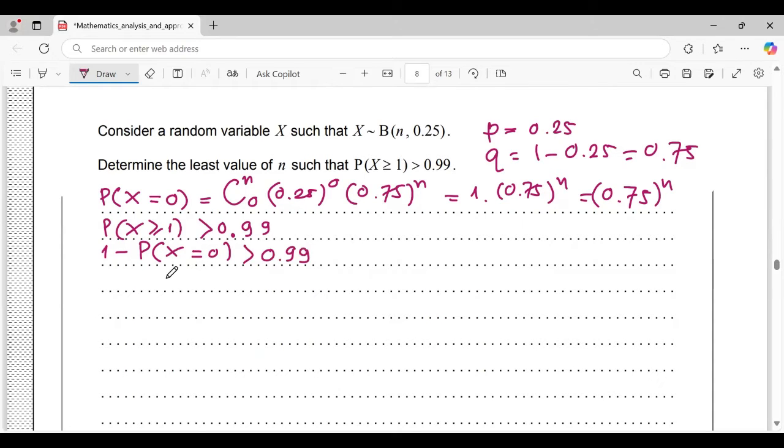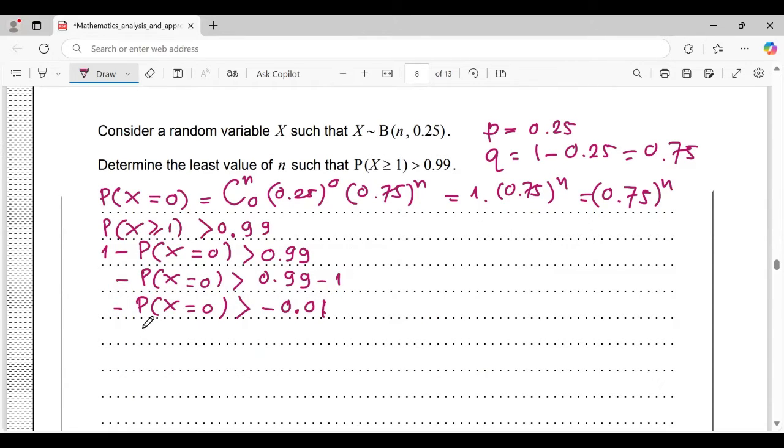So minus probability x equals 0 is 0.99 minus 1, so minus probability x equals 0 greater than minus 0.01.